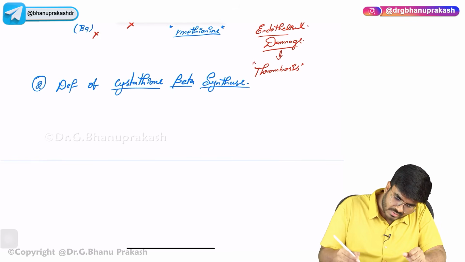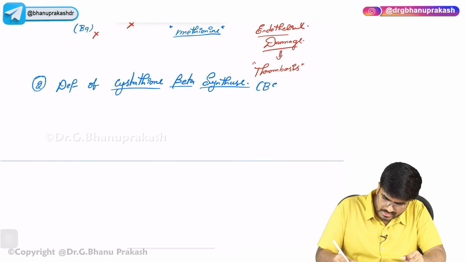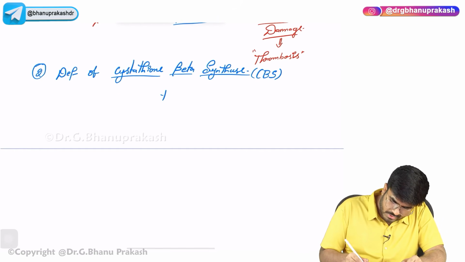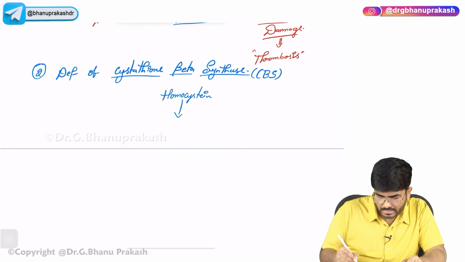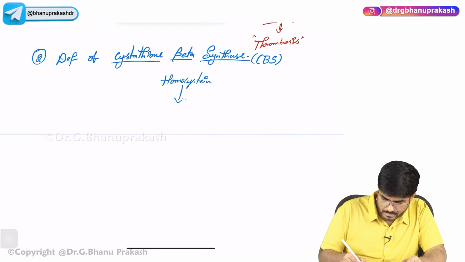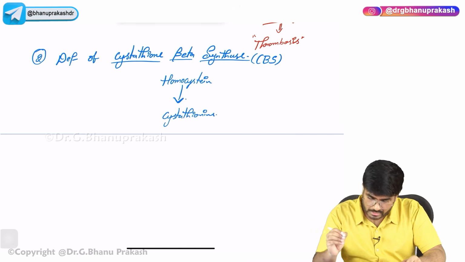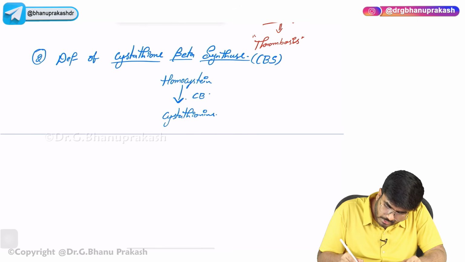Let's write it in a simple form, CBS. Cystathionine beta synthase is going to convert homocysteine into cystathionine. For that process, you need this CBS, cystathionine beta synthase.